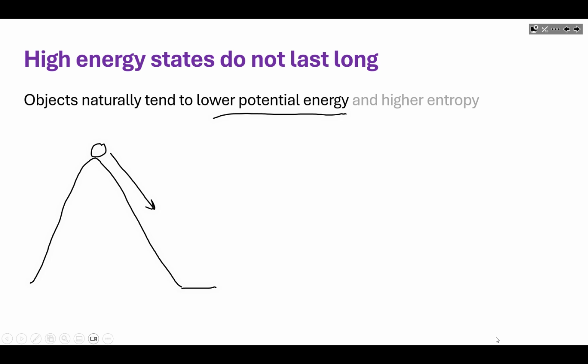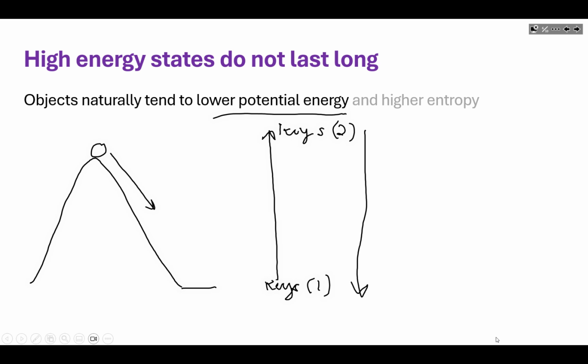Keys were on the ground, and you do work to lift them up here, up in the air, keys at point 2 and keys at point 1. So you did work to get them there. But what if you let go of those keys? They're automatically going to fall back down, and that's because things tend to lower potential energy.